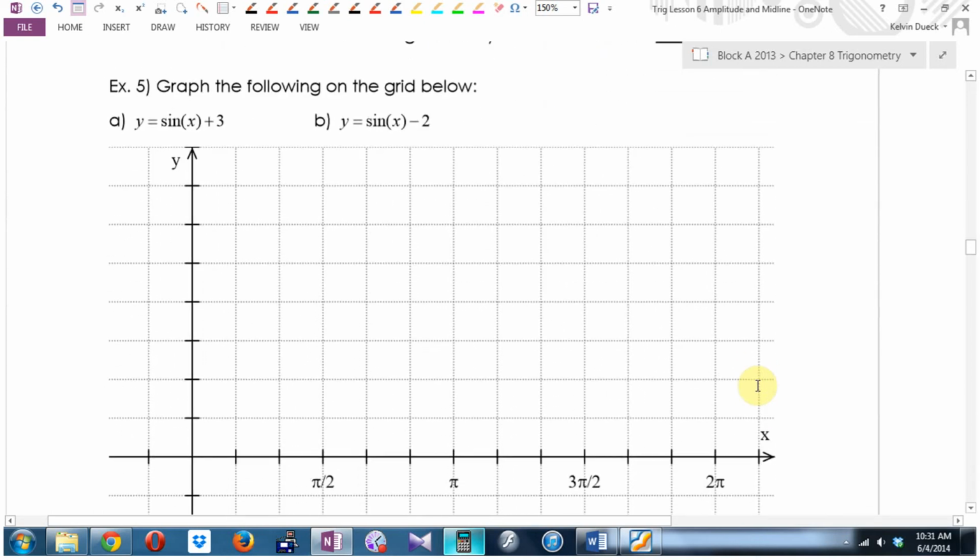Now we want to ask ourselves, okay, I know what multiplying something in front does. What does adding something on the end do? Hey, what did this do? Don't write this down. What did that do to the parabola?